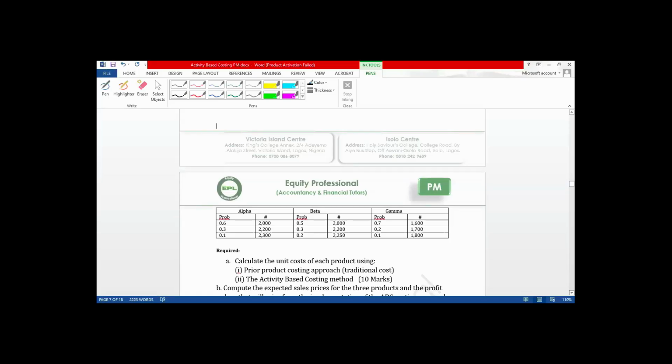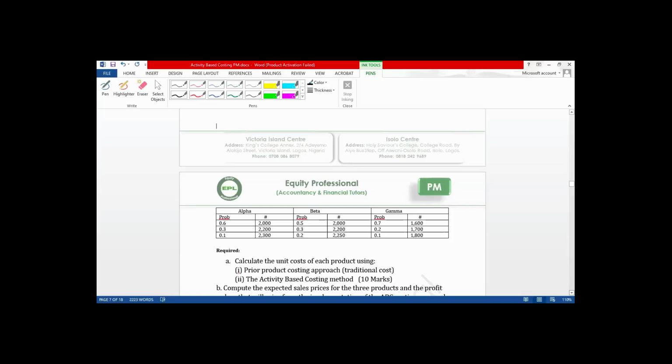Now, requirement A. Calculate the unit cost of each product using prior product costing, and using the activity-based costing approach.